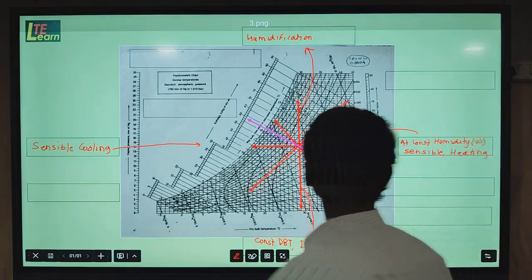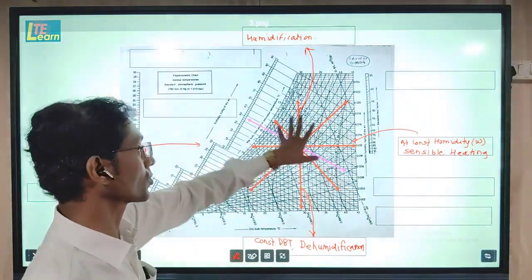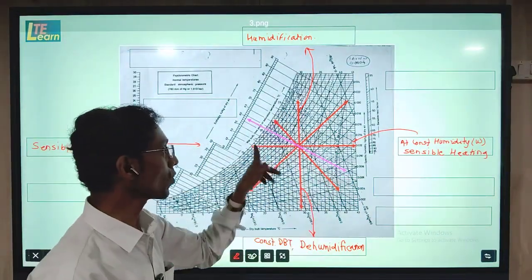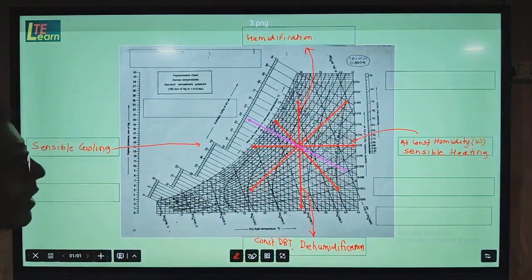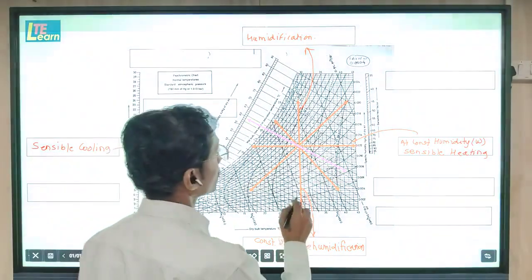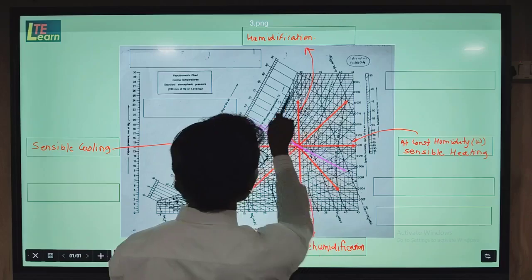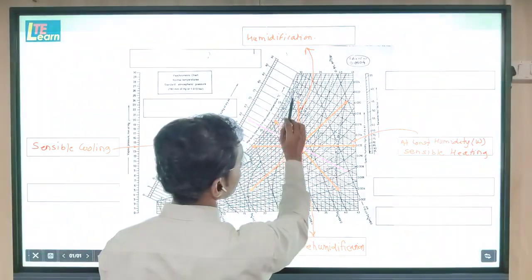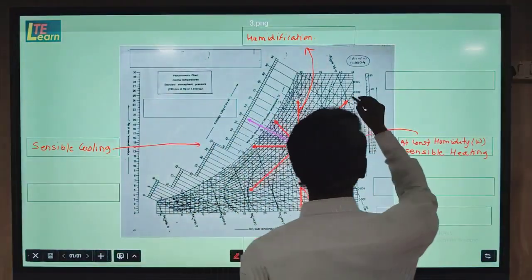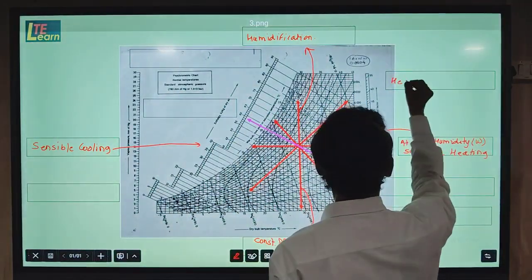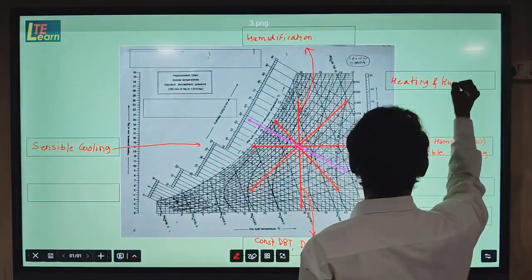If you see this vertical line and this horizontal line, they divide this portion into four quadrants. Each quadrant has one psychrometric process, a combination of processes. So if you see this quadrant, here will be the combination of heating and humidification. So this line represents the process of heating and humidification.